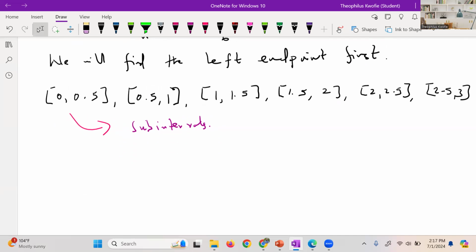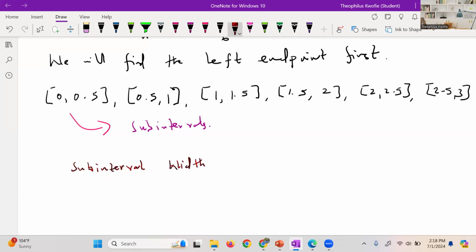So I'm going to say we have a subinterval here.